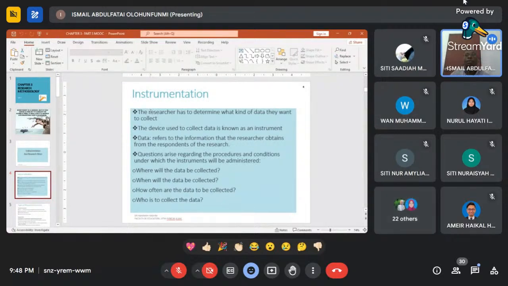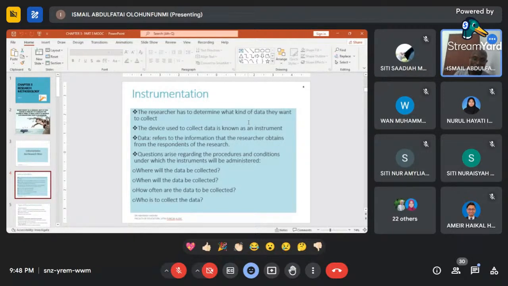The device used to collect data is known as an instrument, meaning that the questionnaire that you use to collect your data from your mates or from students is what is called an instrument. That is why they call that aspect instrumentation. Your questionnaire is your instrument.